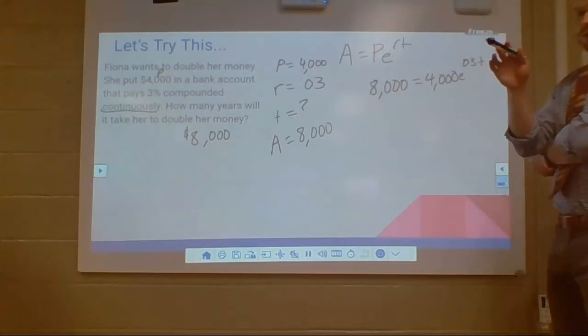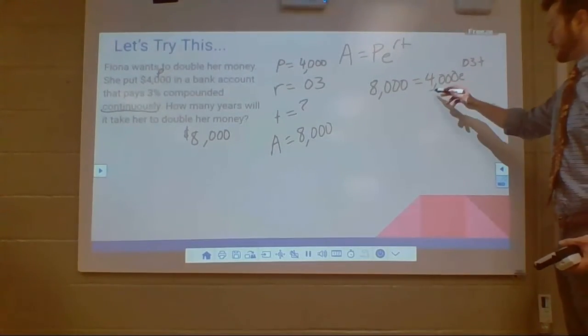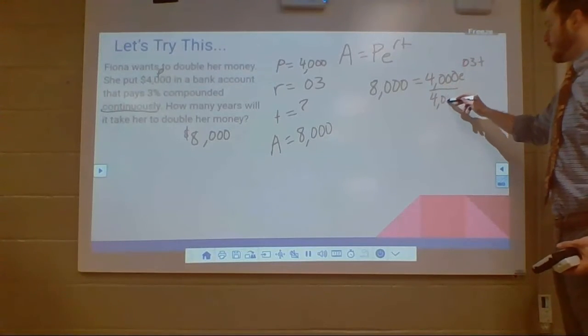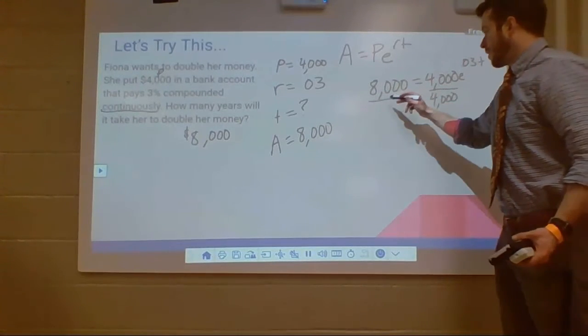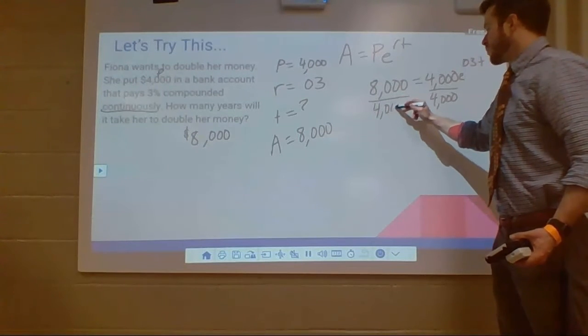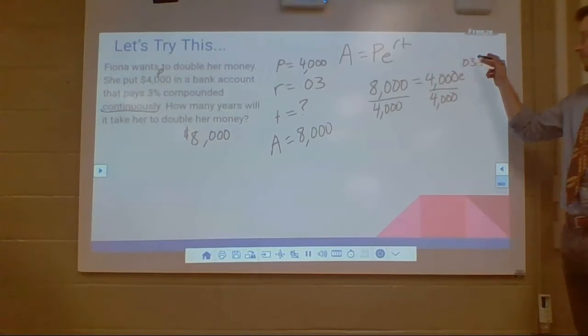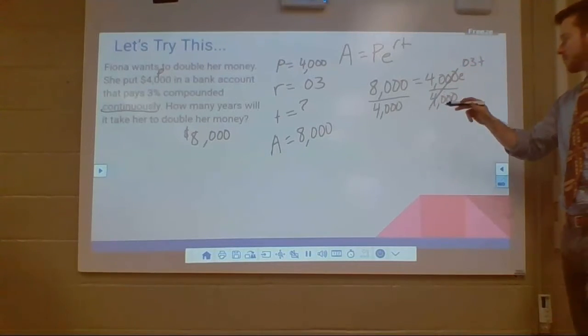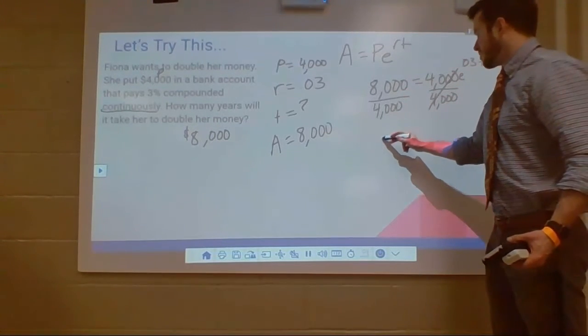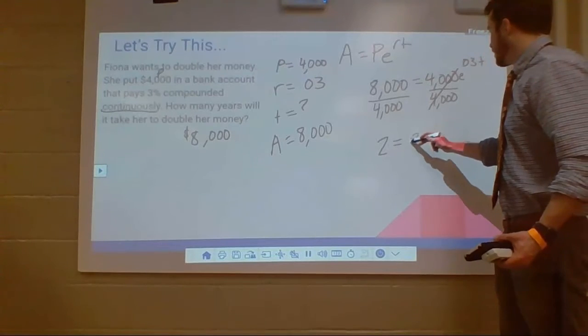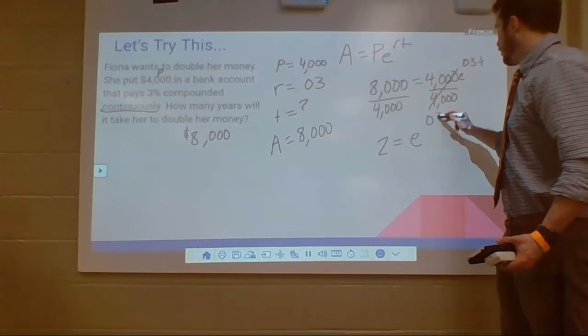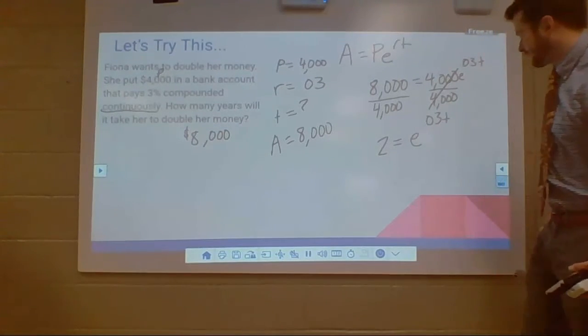What I'm going to do first is divide both sides by 4,000. Because this says 4,000 times e to the 0.03 t, I'm just going to get rid of the 4,000. And 8,000 divided by 4,000 is 2. So we get 2 equals e to the 0.03 t.